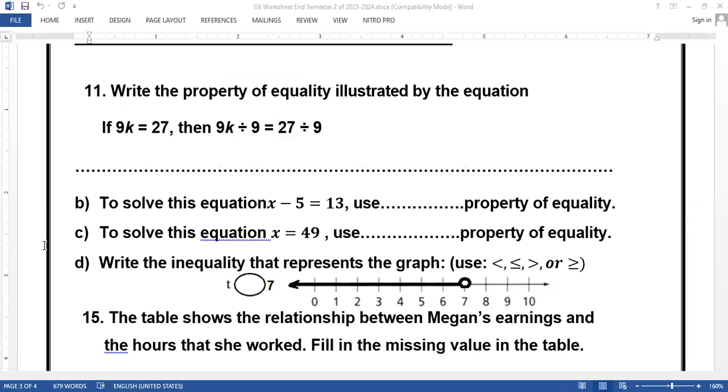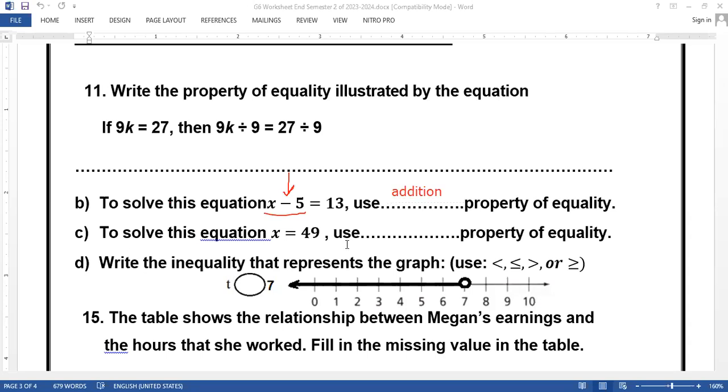Now, to solve this equation, x minus 5 equals 13, use which property? We use the opposite operation always. To solve any equation, we do the opposite operation. So here, because it is minus, we use the addition property. We add 5 to both sides, which is the addition property. So we write here addition property. To solve this equation, same.